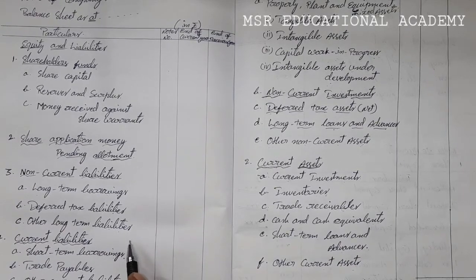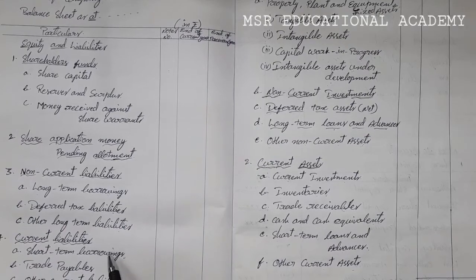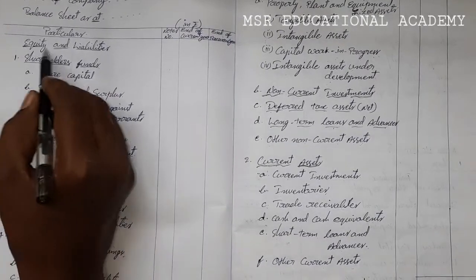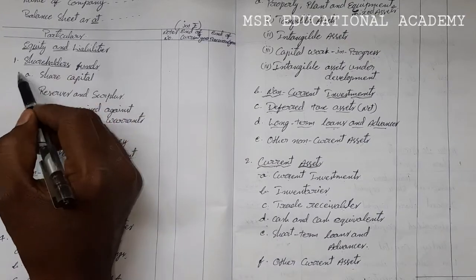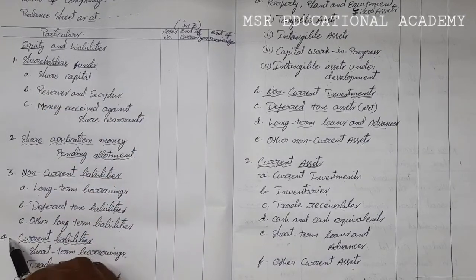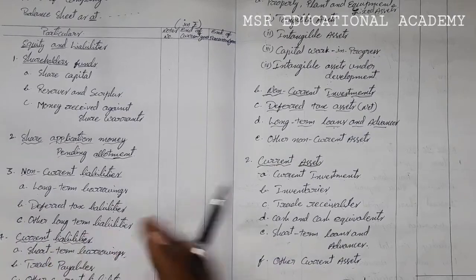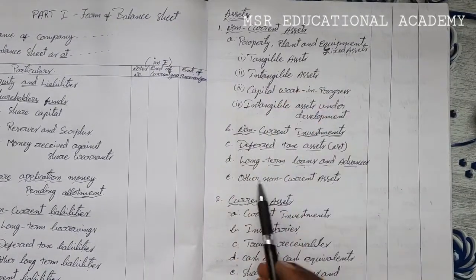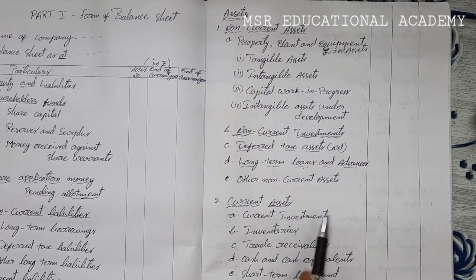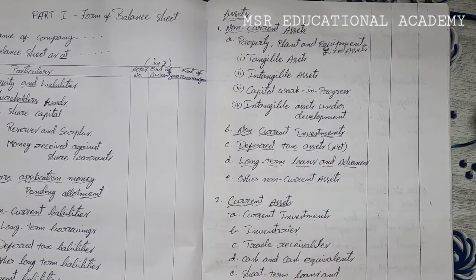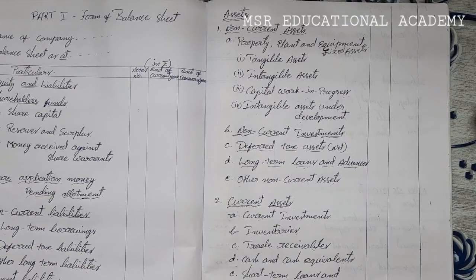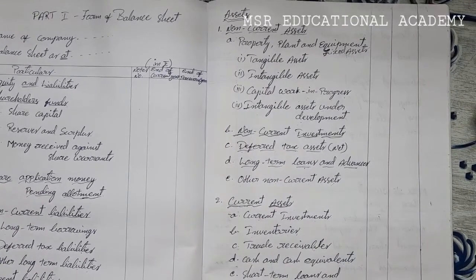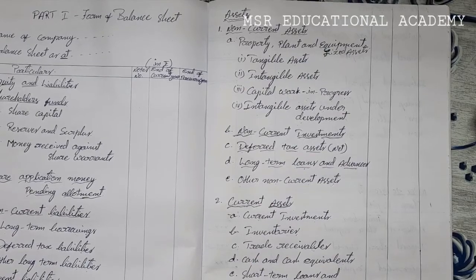But the main headings you should write. I have given numbering to the main headings: equity and liabilities, and after that 1, 2, 3, 4, these four heads. For the assets, non-current assets and current assets, these headings are important. After that, as per the question, you can write the remaining heads. Okay, these are only the overall balance sheet discussion.